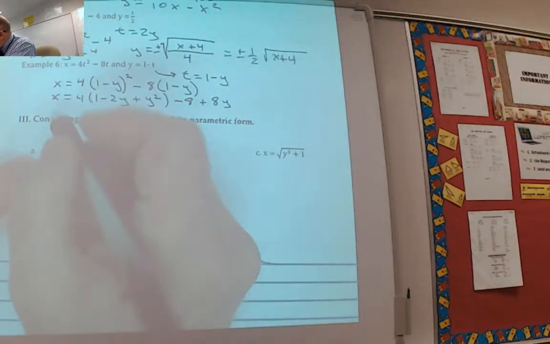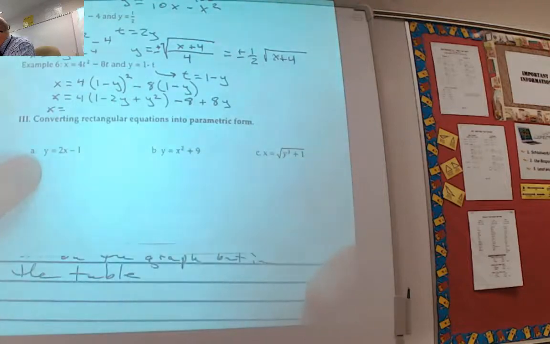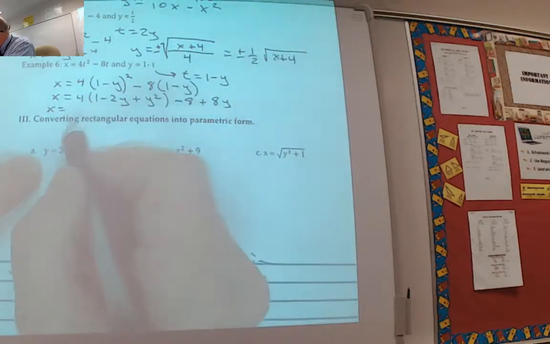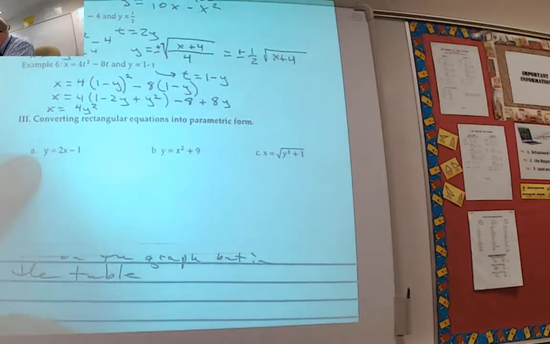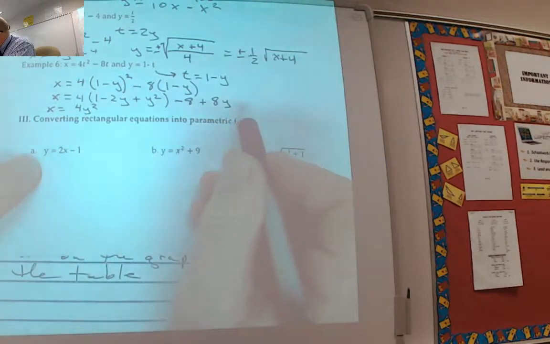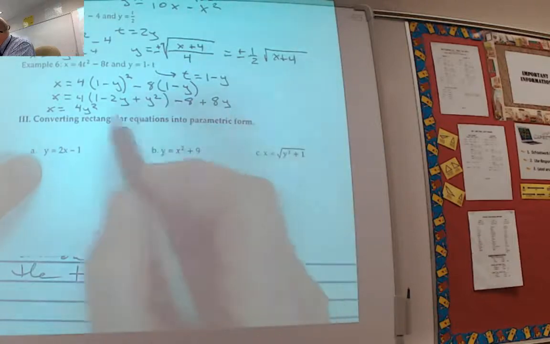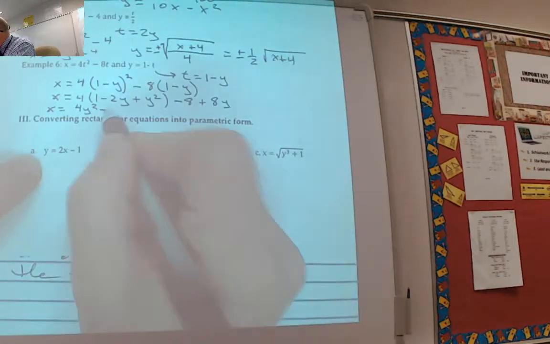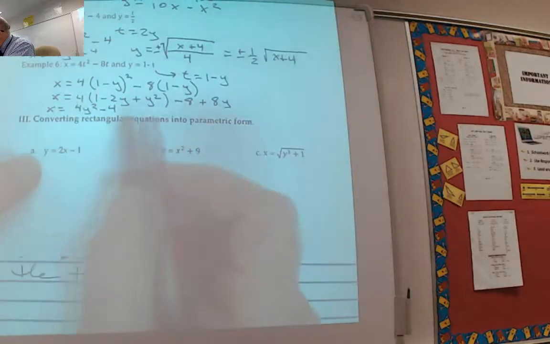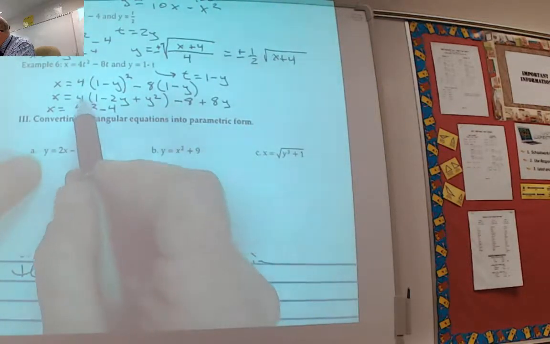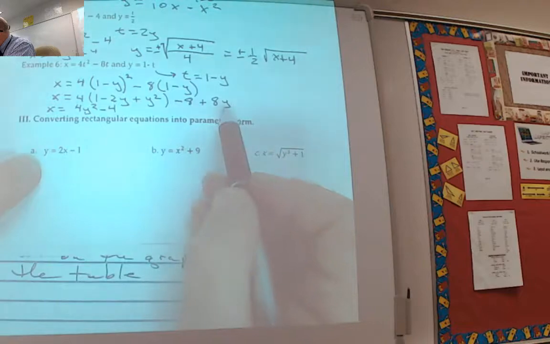Now, when it gets complex like this, I would just probably leave it in terms of x. So you're going to get 4y squared. The y's are gone. And I get minus 4. Is that what you get, Emma? 4 times y squared is 4y squared. 4 times the negative 2y is a negative 8y plus 8y.